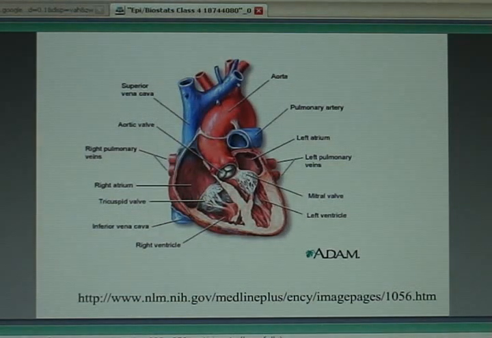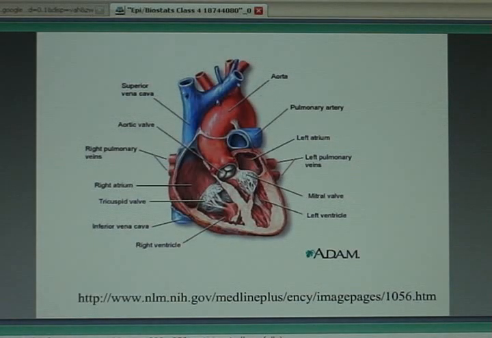Blood comes into the right atrium from your body that needs to be enriched with oxygen, pumps it through a valve into the right ventricle, which then pumps it through the lungs, picks up oxygen, and then returns that oxygenated blood into the left side of your heart, into the left atrium, which then pumps it into the left ventricle, and then pumps it through the aortic valve into a large artery that leads it to the rest of the body. So we're talking about this particular valve here, the aortic valve.